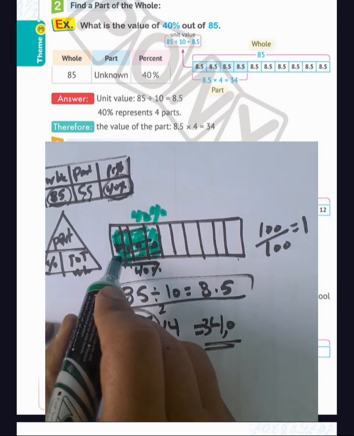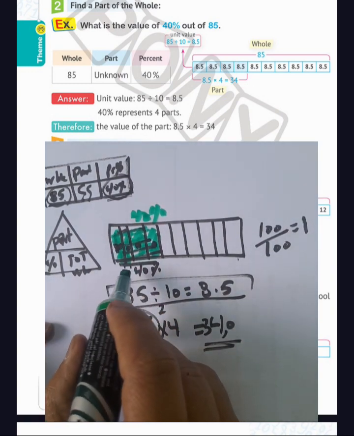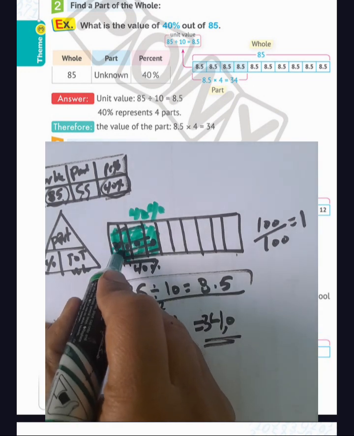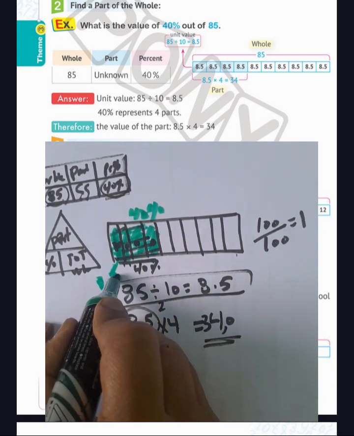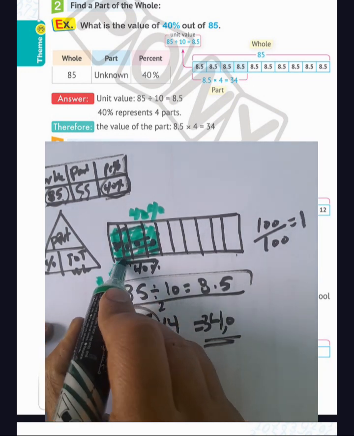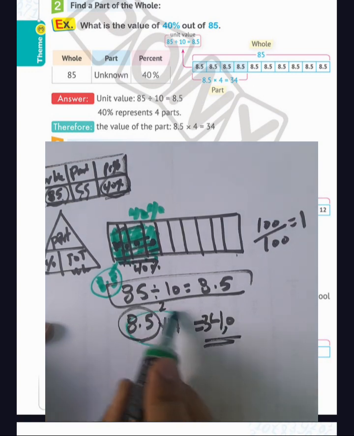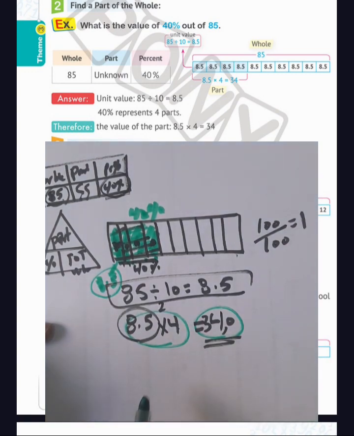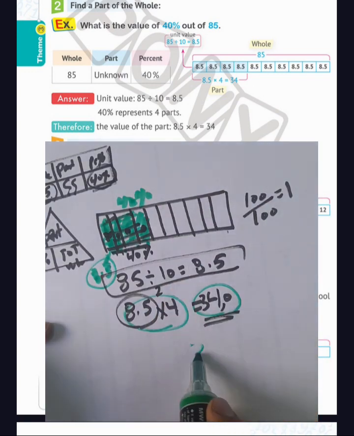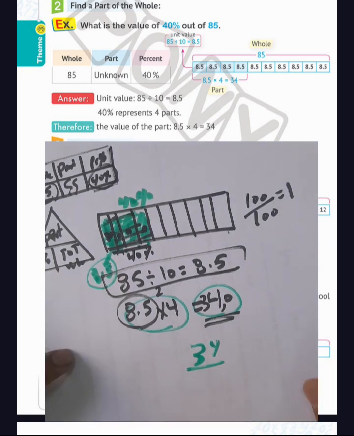Each one of them was 8.5. How many parts here? 1, 2, 3, 4. Okay, 4 parts. 4 times 8.5, it will be 34. Then the part here, the result will be 34. It's the result of our example.